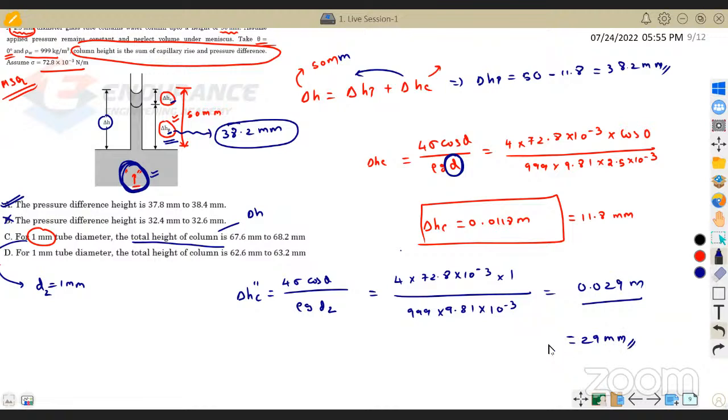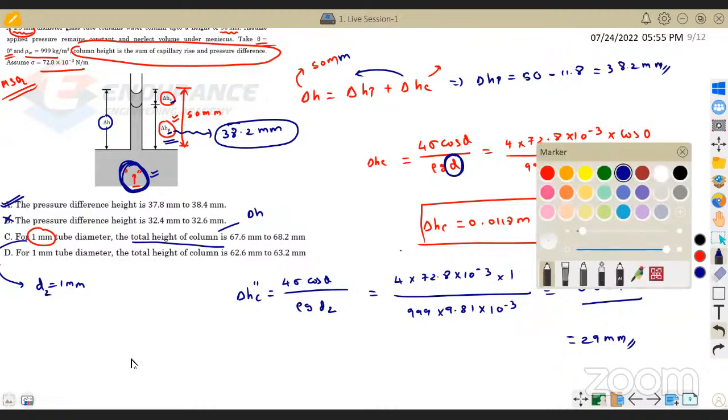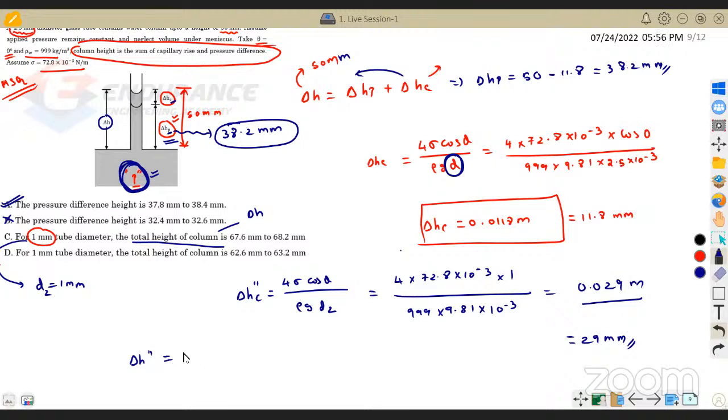Now, what will be my delta H double dash? Delta HP will not change. There is no change in delta HP. The only change happens with delta HC. So delta HP is 38.2, and delta HC is changing to 29. If I add them both, 29 plus 38.2, how much is it? 67.2 mm.